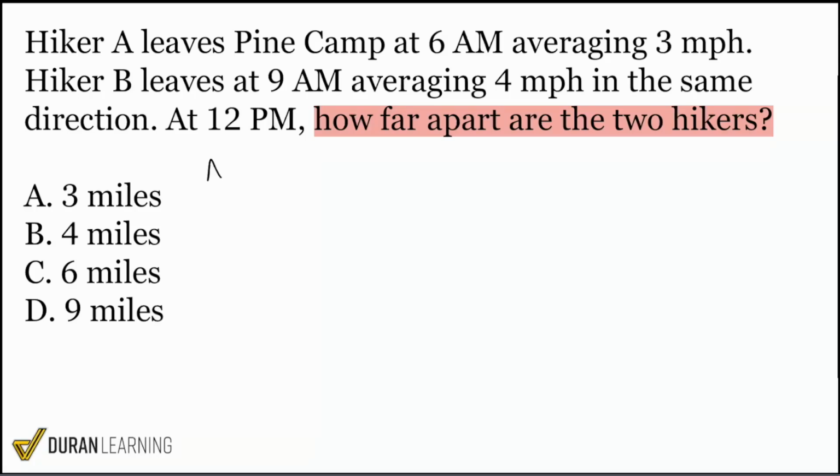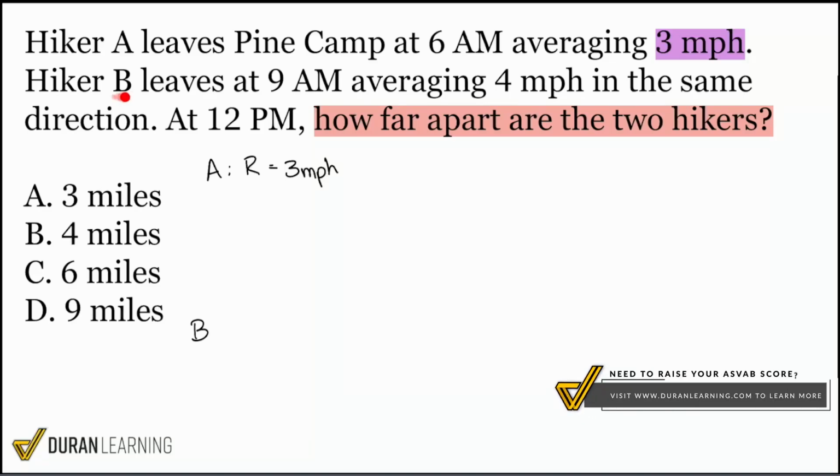But we have hiker A and hiker B. And one thing I know about hiker A right over here is that hiker A is traveling at 3 miles an hour. So I'll write my rate here equals 3 miles per hour. And then we see over here hiker B leaves at this time but travels at this speed, 4 miles per hour. So I'll go ahead and write that down as well.